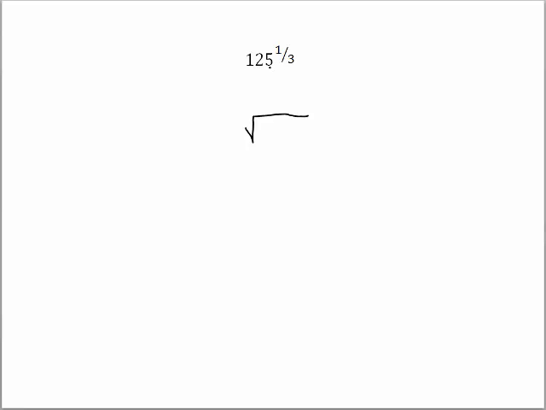Now we have the 125 underneath the radical. And it's not really raised to anything, but we can put this 1 here. Anything raised to the 1 is the same. But we can put that 1 there so that we can see where it belongs. And this, the denominator, becomes the root. So it's the cube root of 125.